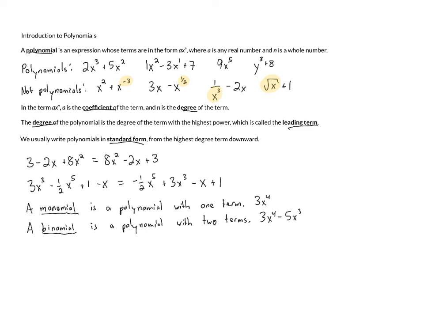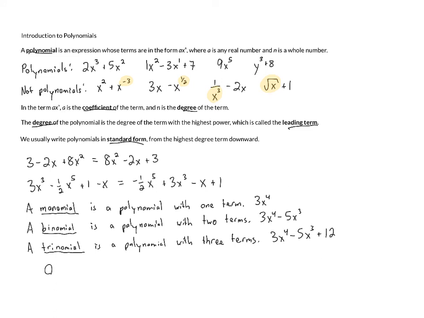That's an example of a binomial. Now, what about a trinomial? Any guesses? Exactly, you're right. It's a polynomial with three terms. Like 3x to the fourth minus 5x cubed plus 12.